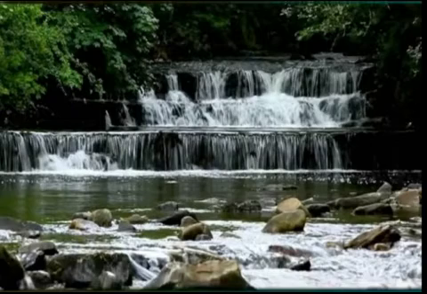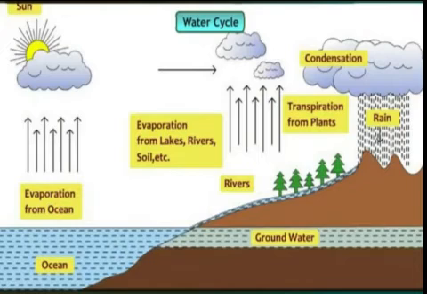The water flowing from various rivers into the sea contains different types of salt and minerals. The evaporation of sea and ocean water through the hydrologic cycle leads to a concentration of salt in this water.